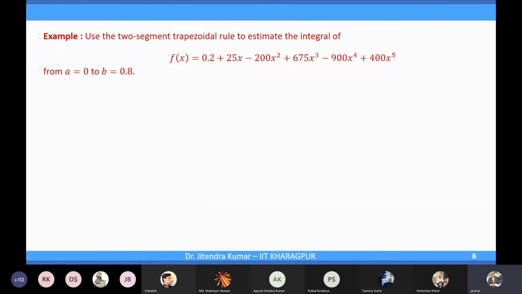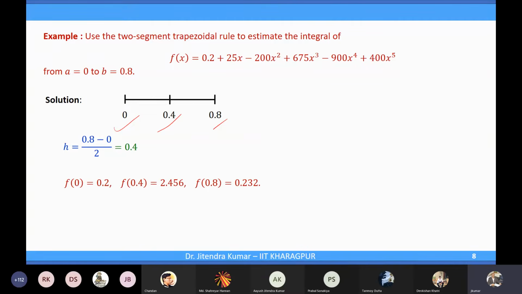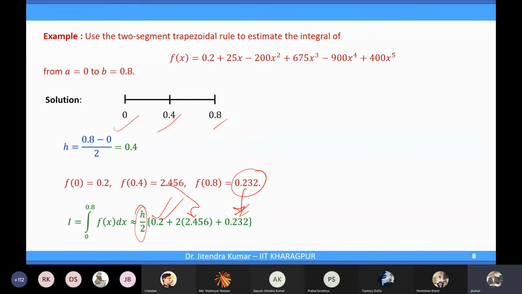We get back to the same example. We want to integrate from 0 to 0.8, and we have just divided into 2 portions: 0 to 0.4, and then 0.4 to 0.8. So our h is 0.4, and then you have the function values at all these 3 points, and you apply the trapezoidal rule. That means h by 2, the function value at the beginning, the function value at the end, and 2 times the function value in the middle point, 2.456.